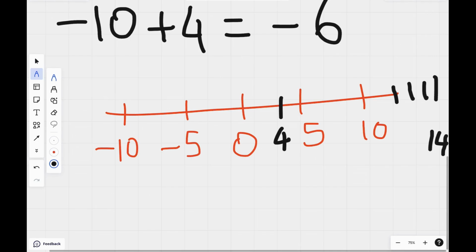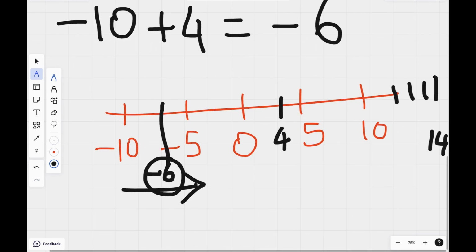But if I have minus 10 plus 4, again I'm adding 4. So here I have minus 10. When I add, I come closer towards 0. So minus 10 plus 4 will be minus 6 here. I'm adding 4 and my value moves from left to right.